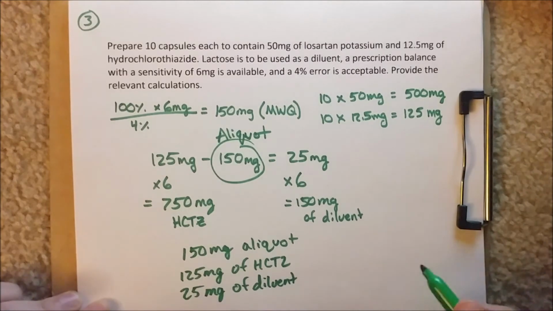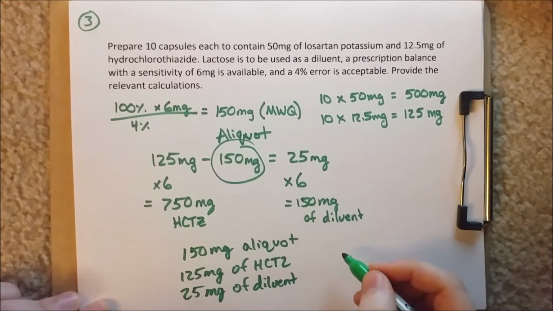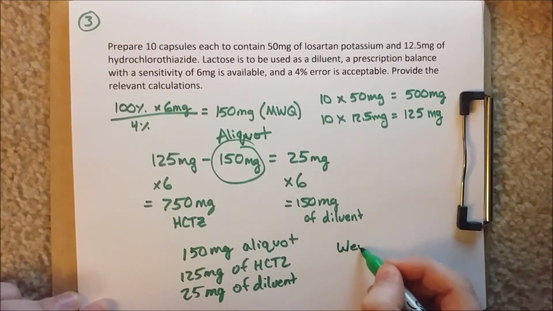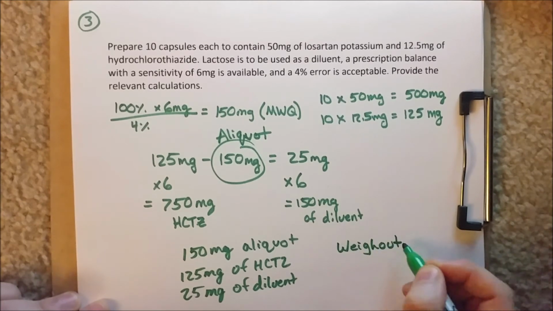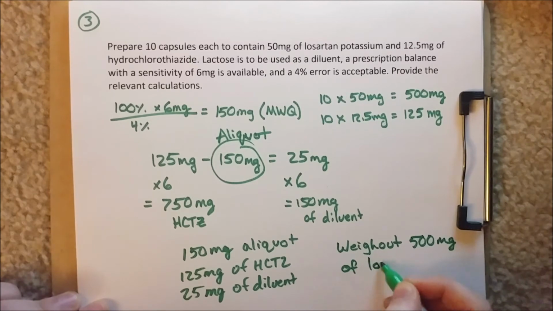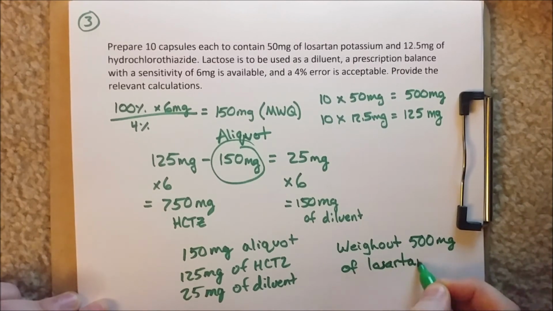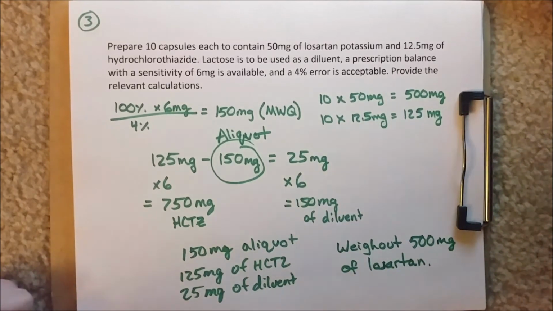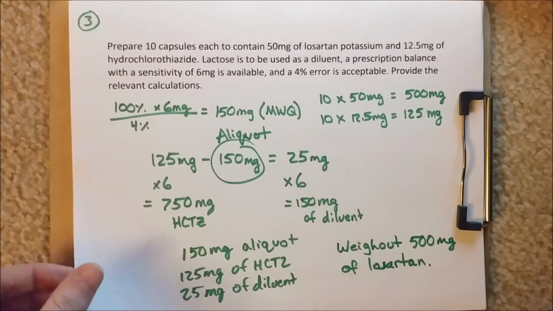For the losartan potassium, we will simply need to weigh out 500 milligrams of losartan. And that's problem number 3.